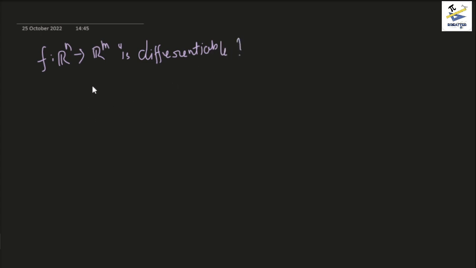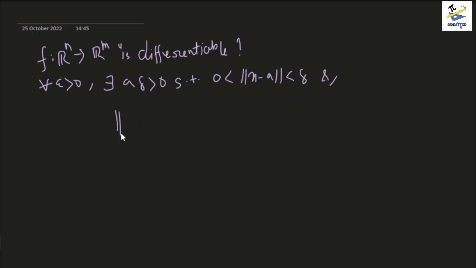When it was continuous, we understood that for every epsilon greater than 0 there exists a delta greater than 0 such that 0 less than norm of x minus a less than delta implies norm of f of x minus b is less than epsilon. This would imply that the limit as x tends to a of f of x is equal to b.